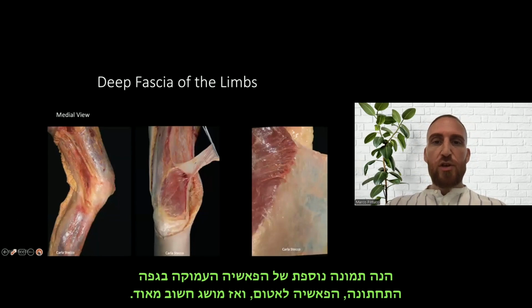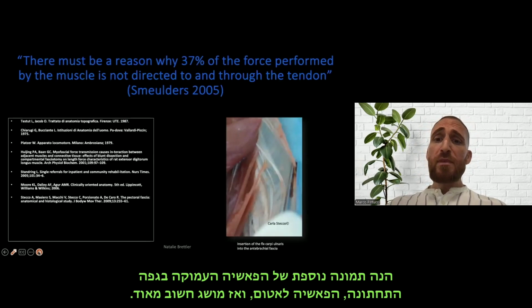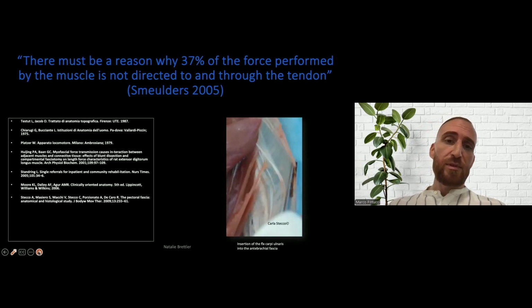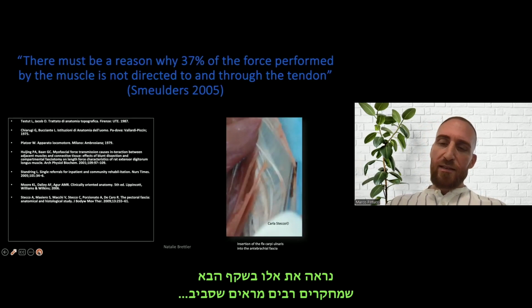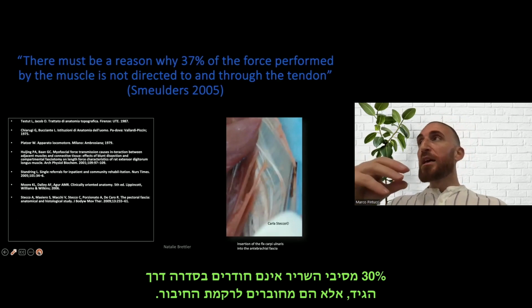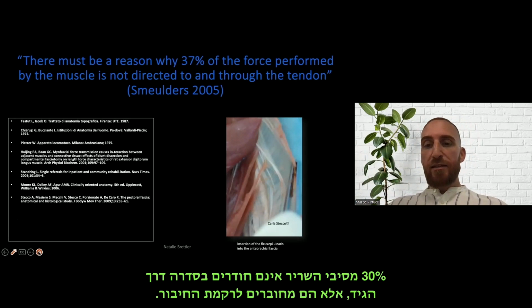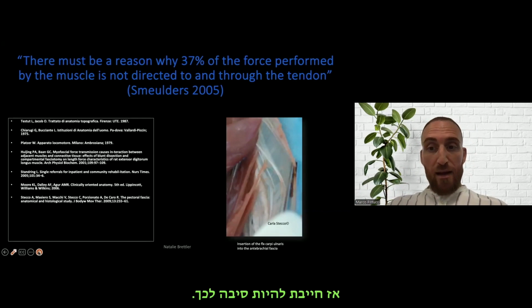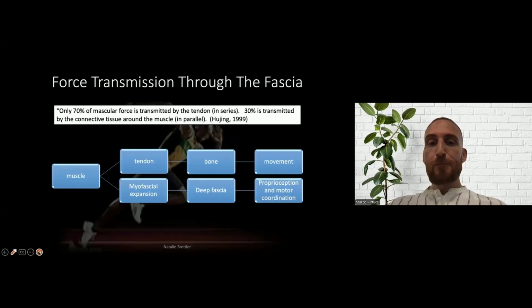Here are some other images of the deep fascia in the lower limb, the fascia lata. And then a very important concept. We will see in the next slide that many studies show that around 30% of muscle fibers do not insert in series through the tendon, but are attached to the connective tissue. So there must be a reason for this.